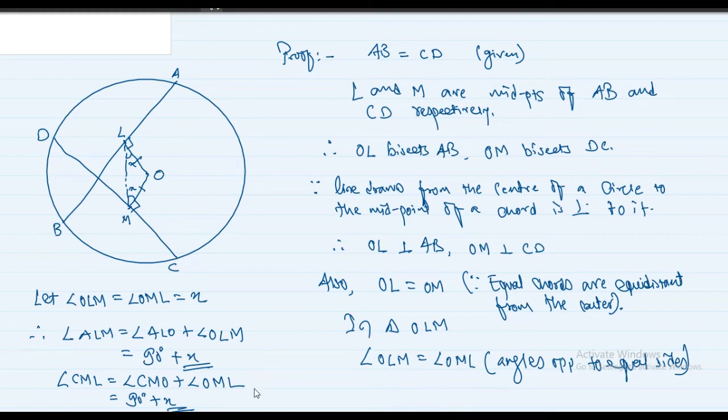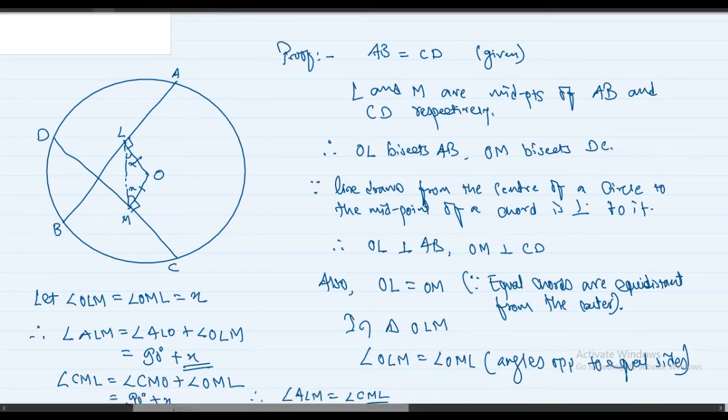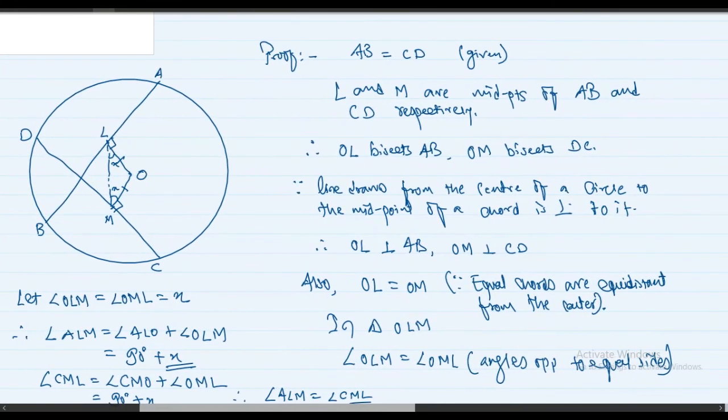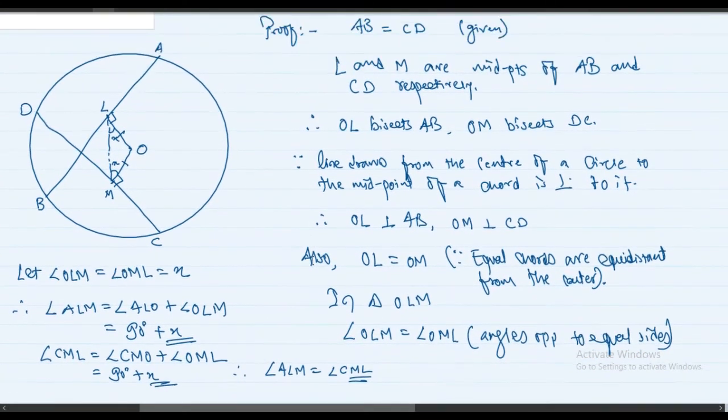So therefore we can say that angle ALM is equal to angle CML. So both the things we have proved. If you see the question, they have asked to prove number 1 and number 2. We have proved it.